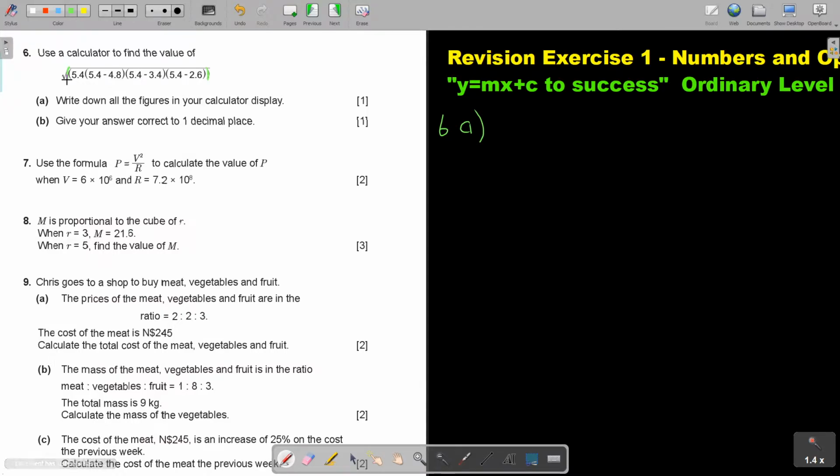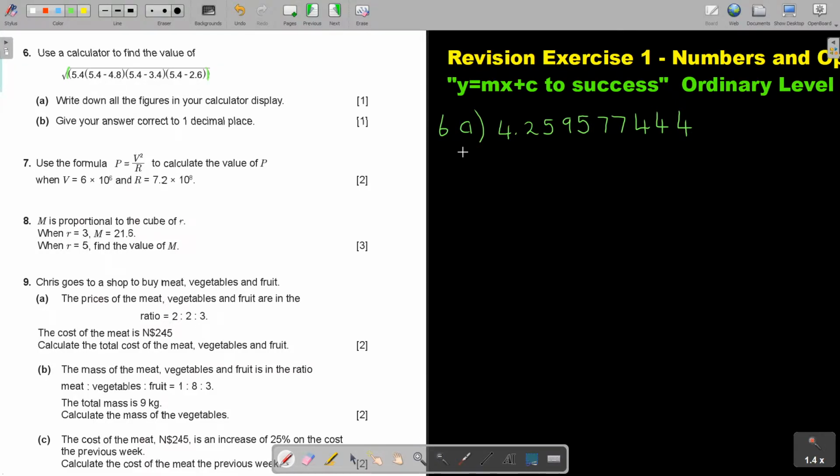Now, if they are saying to you, as in this case, the full calculator display, so everything that's on the screen of your calculator. So on my screen, it's 4.25977444. Don't approximate it.